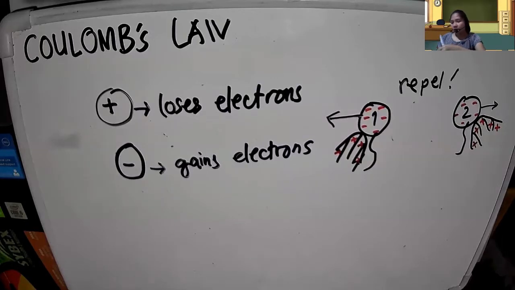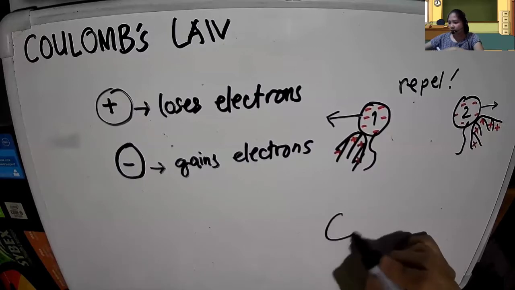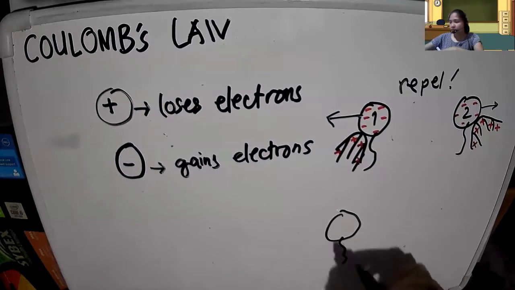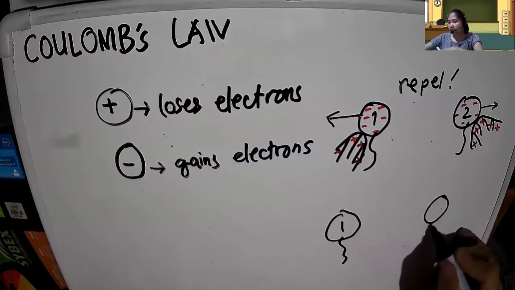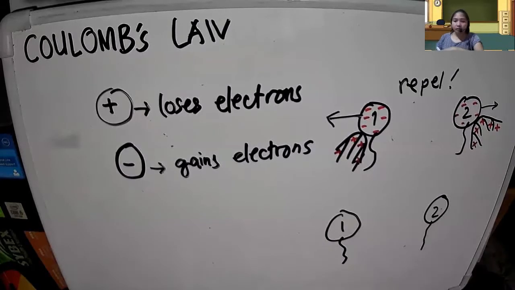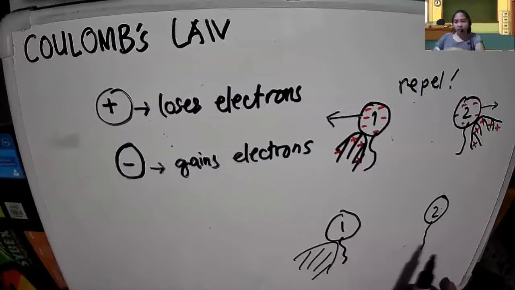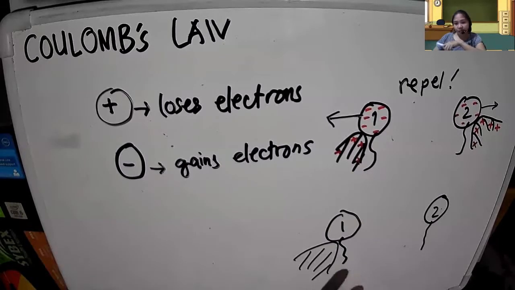However, if you have another scenario where we only rubbed one balloon with your hair, so let's say this is the first balloon, this is the second balloon, and you rub the first balloon with your hair, you just ignore the second balloon, just leave it as it is there. The first balloon becomes negatively charged again.